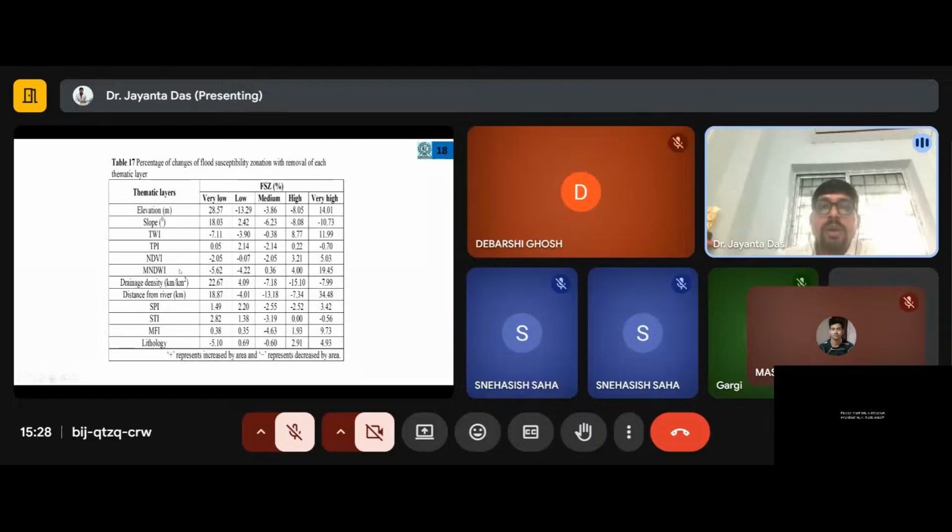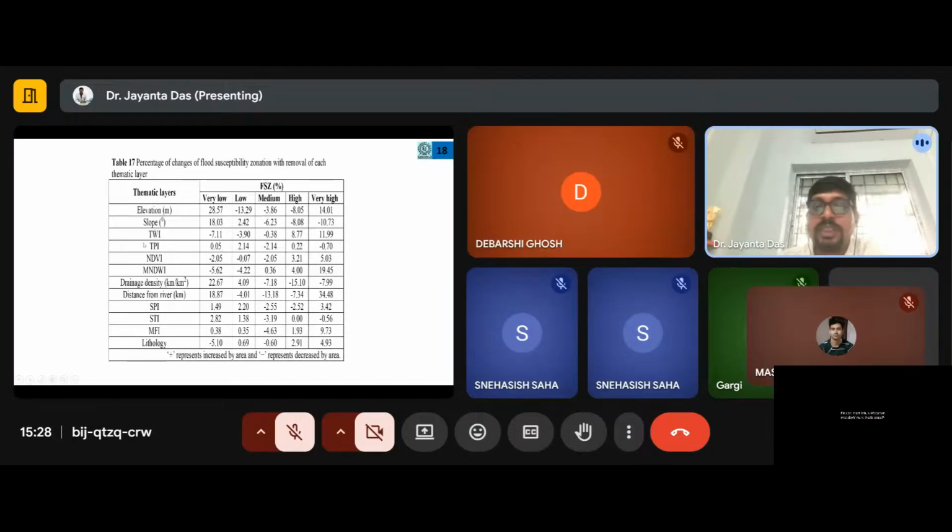When we remove elevation, there is a very low increase by 28.57%, and also a very high increase. So we cannot remove this parameter. Also slope, also TWI, so we cannot remove these parameters. But when we remove TPI, it is more or less similar, a very low increase by only 0.05 and a very high decrease by minus 0.70.